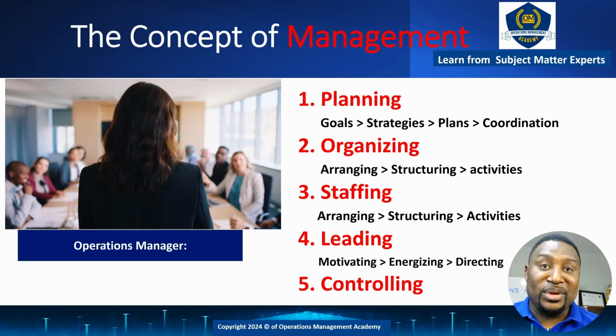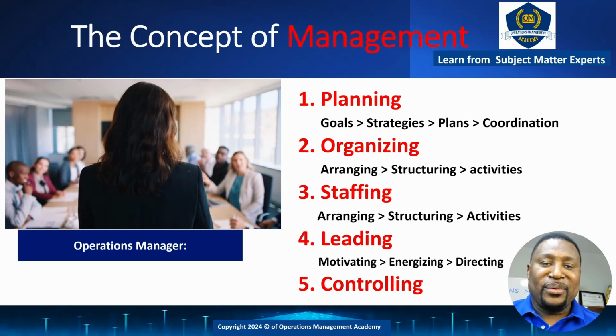Now that we know the definition of operations with an S, a department in an organization responsible for producing goods and services that the customers are willing to pay for, right? And then we know the 5 pillars of management: planning, organizing, staffing, leading, and controlling.